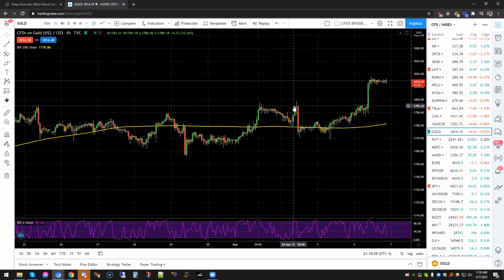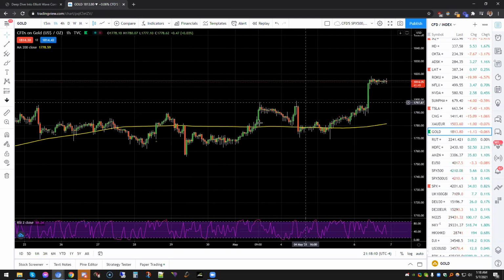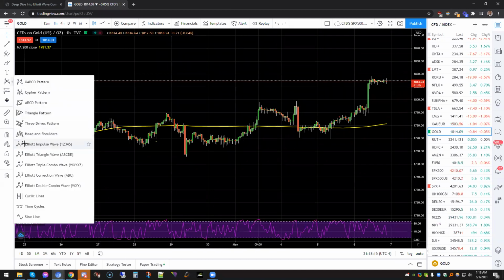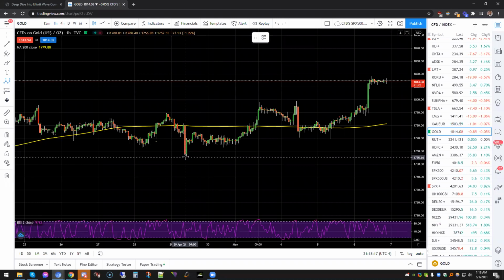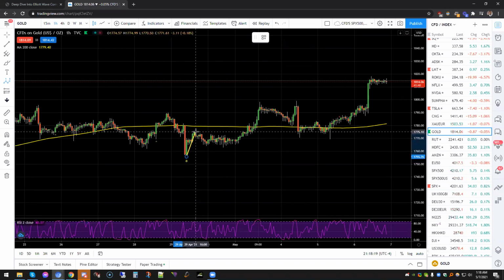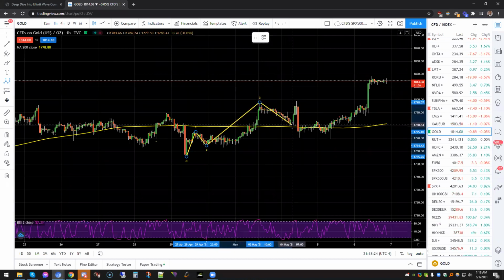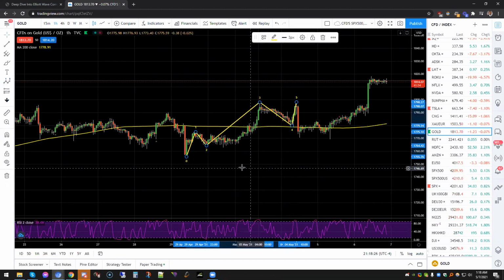You got another impulse here, right? So this is a 5-wave move that we're looking at here. And if we had to label that, we would label it like this: 1, 2, this is 3, this is 4, and this is 5, right?